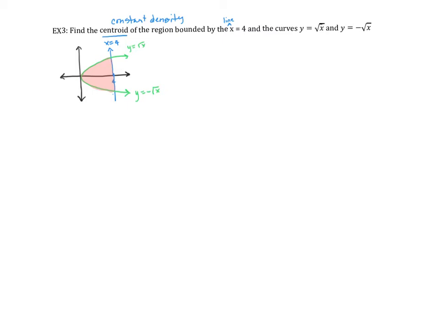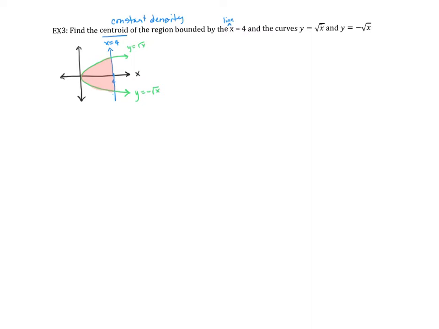Now, since it's constant density, and you don't have to use symmetry, but oftentimes with these math computations, they can be very long and tedious. So in this case, think about folding this object along the x-axis.